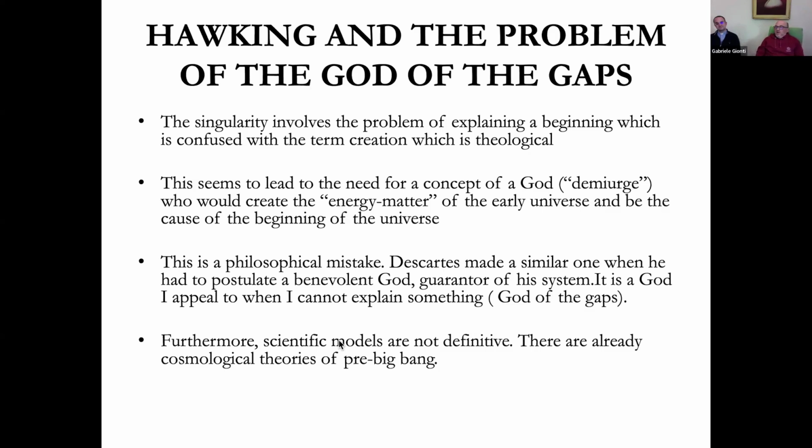But this is not really the Christian God and the God of a good theology. This is a God of ignorance, I would like to say, the God of the gaps. Furthermore, Hawking is also ontologizing his model, because every scientific model is not definitive, because there are already some models, for example, that talk about the phase before the Big Bang. So if you introduce this kind of model and you say that it is definitive, you are also making a mistake.